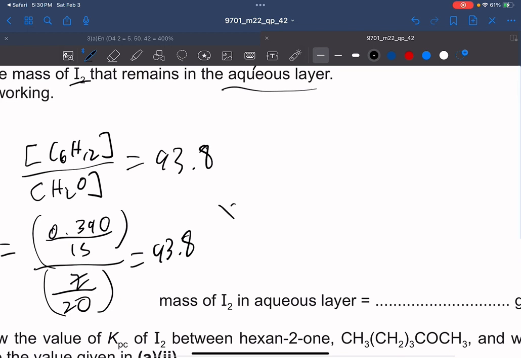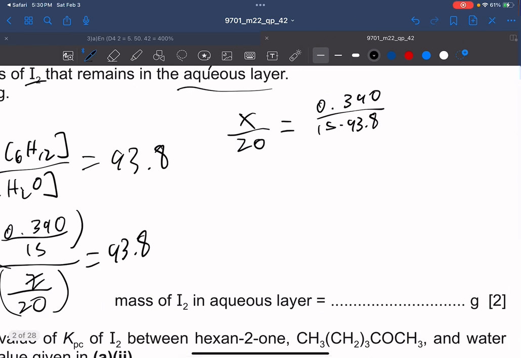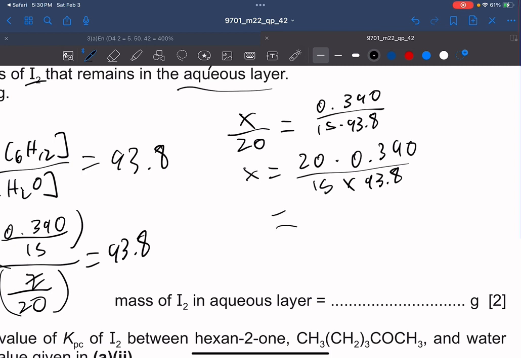So, if we just work that out mathematically over here, 0.390 over 15 times 93.8 is equal to x over 20. So x is going to be 20 times 0.390 over 15 times 93.8. So this is going to be a very, very small amount that we're going to get.